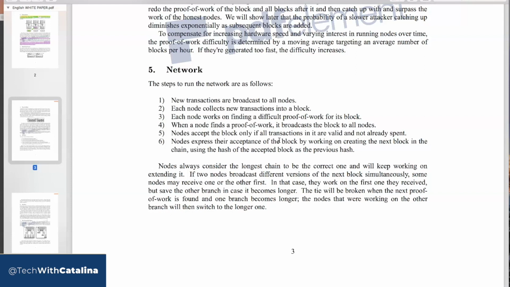And the average time for mining a block in Bitcoin is 10 minutes. 10 minutes is the average time. It can be way less or it can be longer depending on how congested the system is in that precise moment.